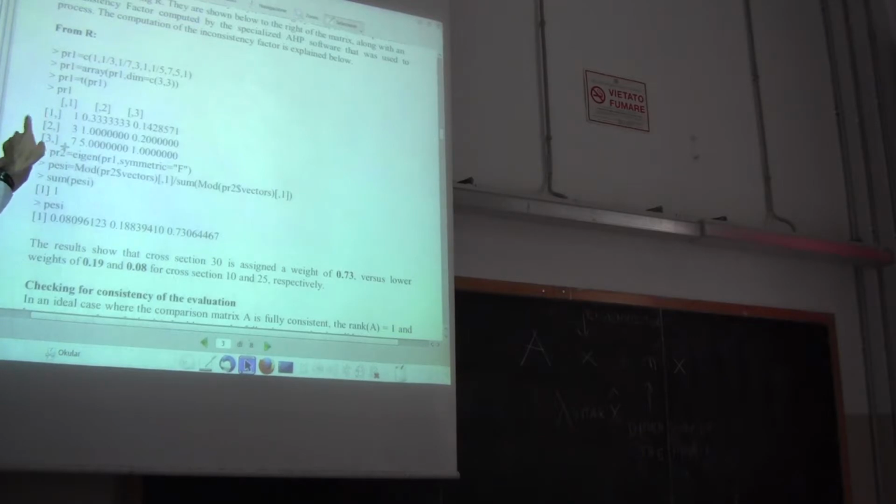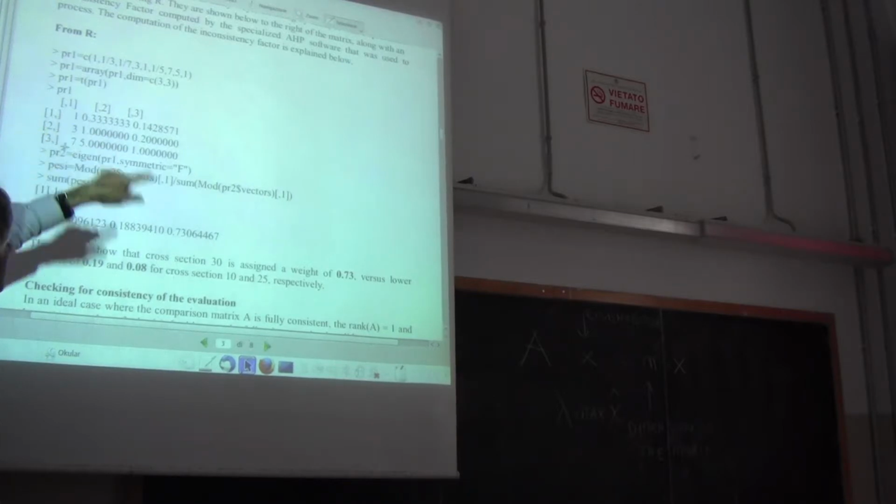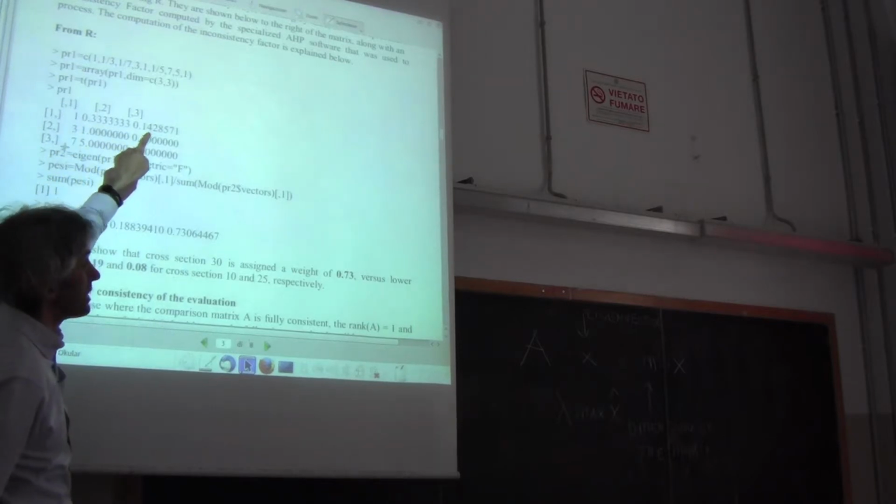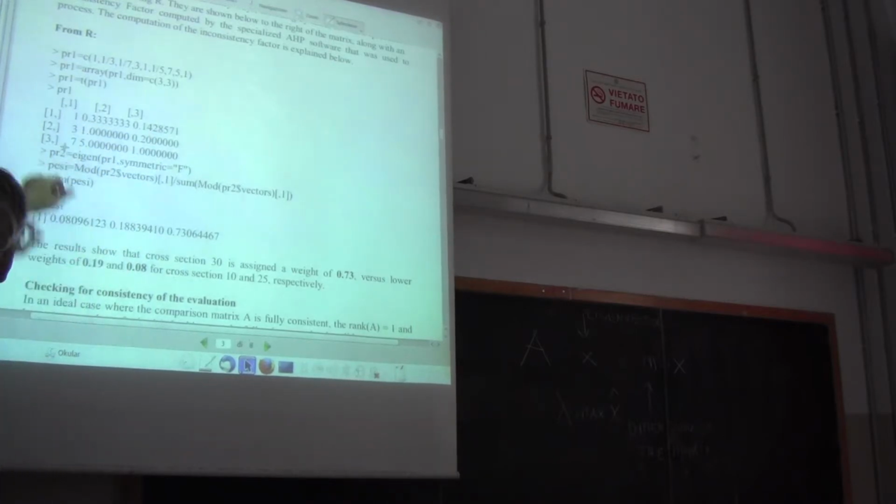And then I take the transpose, because if I go by rows in entering the values into the vector, I need to transpose it in order to get the matrix in the right way. And this is the visualization of the matrix in R. You see that it's 1, 1/3, 1/7, and so on. And it's antisymmetric. So this is the matrix.